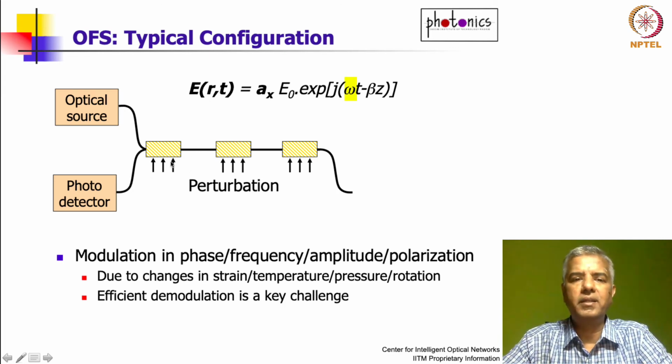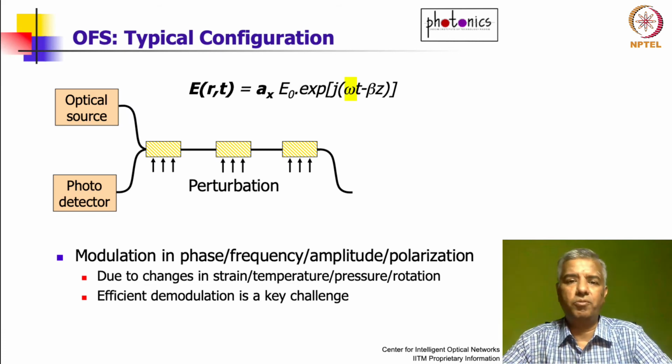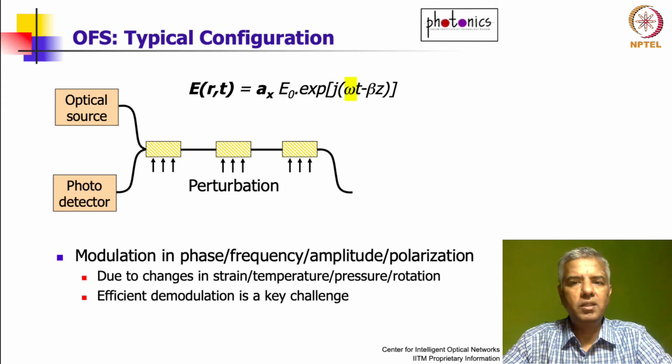Maybe it can get perturbed at some other point, and that is also changing the amplitude and so on. So it can get corrupted. Same thing you can say about the phase or the polarization. But when you consider a frequency modulation, once you have encoded the information that you want in frequency, there is very little that can corrupt that information.